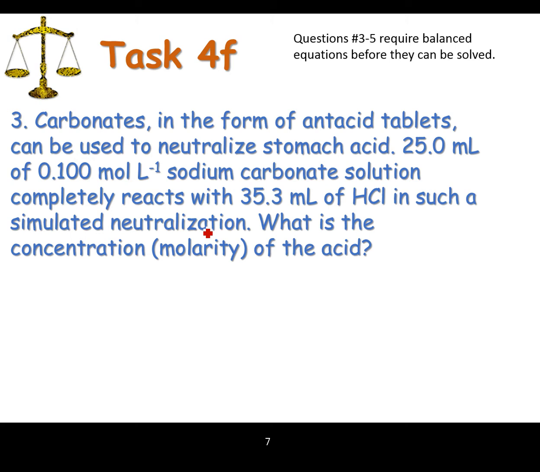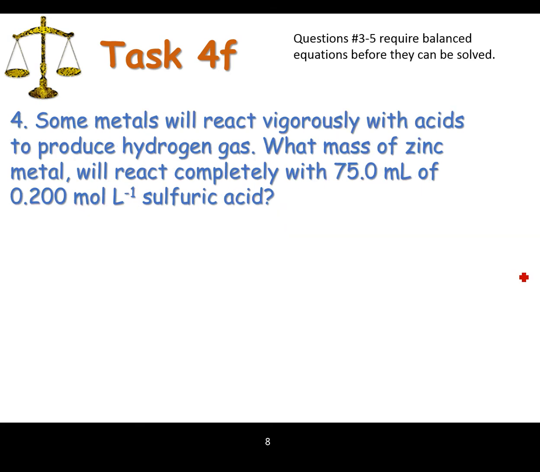We're going to have to compare the carbonate concentration to the hydrochloric acid volume, knowing that we need the same number of moles of each of the acid and the base. Okay, so again, play with that one. Hopefully it makes some sense and give me your answers on the online assignment.